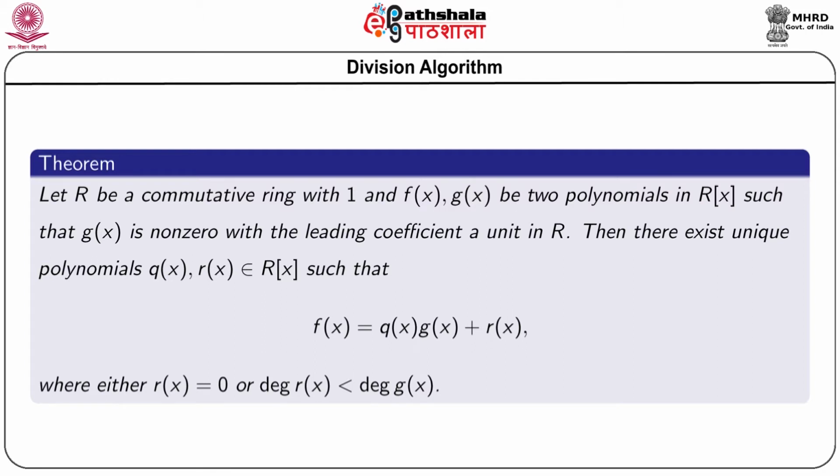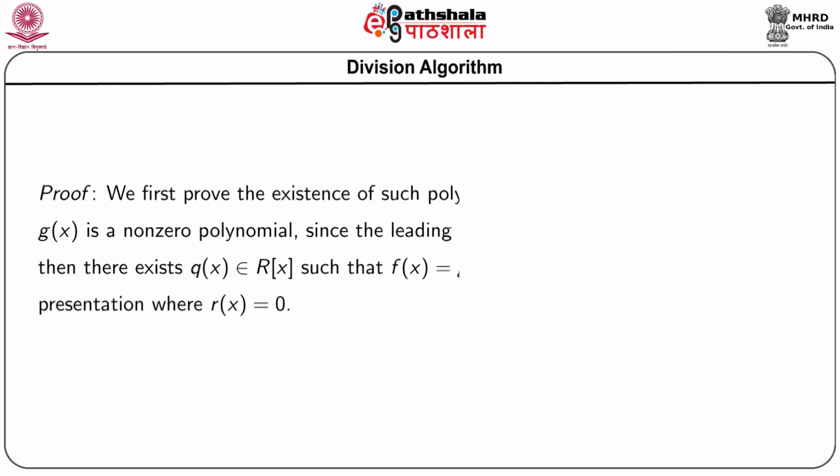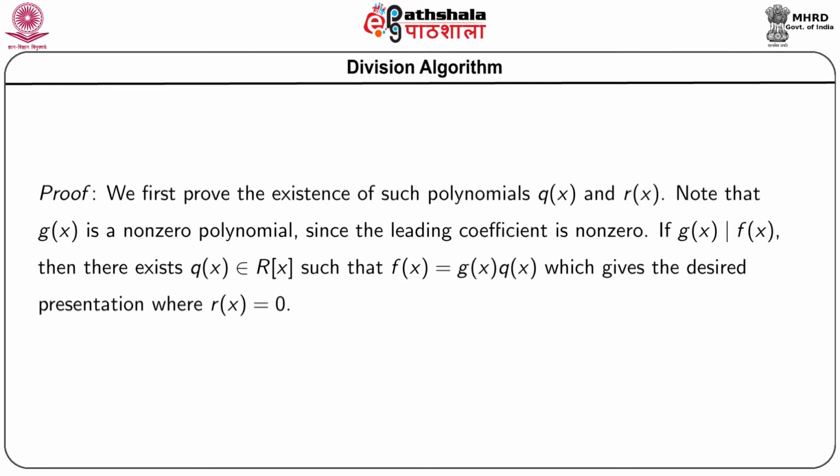Anyway, to prove this, we will use induction, and this result has two parts. One is existence and the other is uniqueness. First, we prove existence of q(x) and r(x).